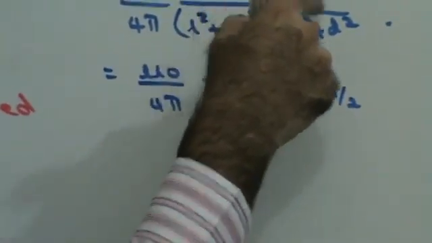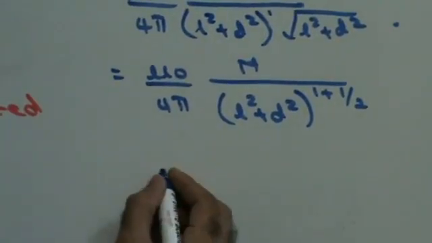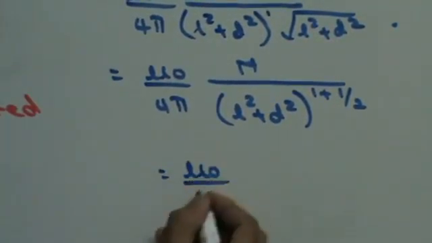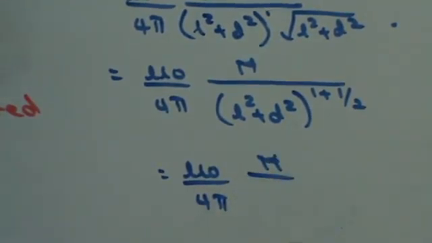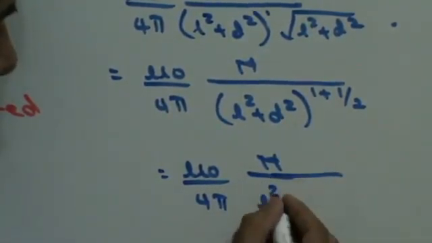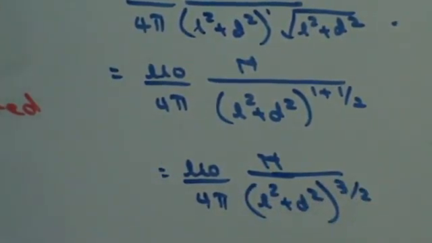Here the index is 1 and for the square root the index is 1 by 2. So this is going to be mu 0 upon 4 pi M upon L square plus D square raised to 3 by 2.